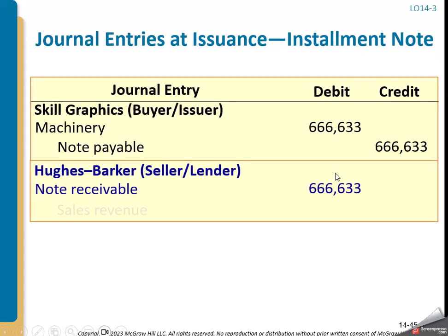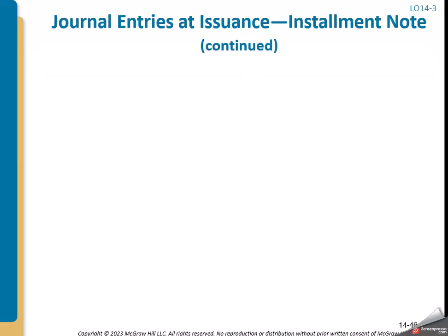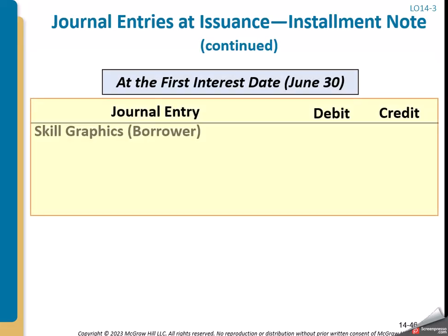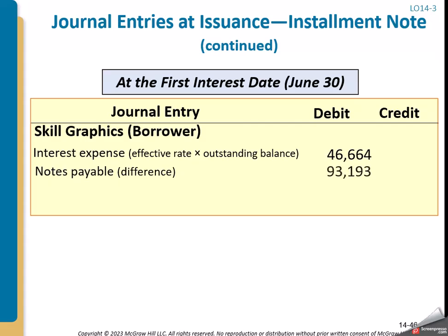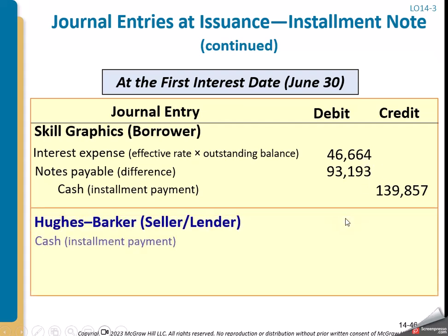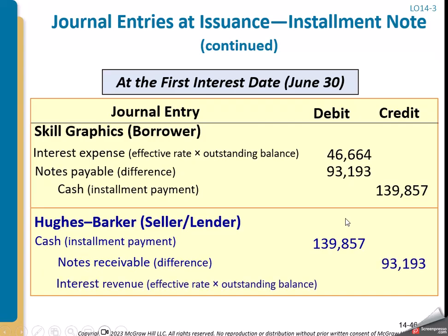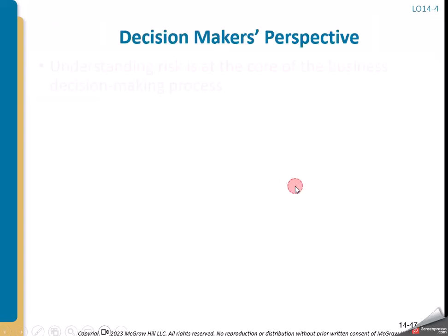So when we first set it up, we record the asset coming in and create the liability. And then as we pay it, we're going to charge interest expense, reduce the liability, and then credit cash. And then the cash is always going to be the same amount. The interest expense and the notes payable will shift depending on what payment we're on. And then you can see the seller does the same thing.